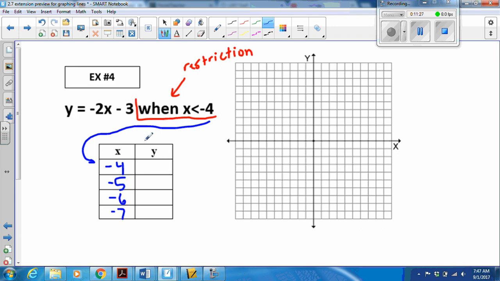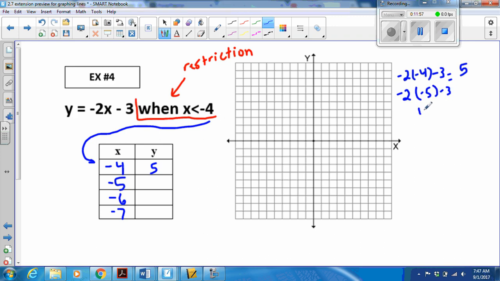Okay? So now what we do is we take our x values and plug it into our function so we can get our y. So we start with negative 2 times negative 4 minus 3. And that should equal, so we have 8 minus 3, that should equal 5. There we go. Okay, we plug in negative 5, so we do negative 2 times negative 5 minus 3.